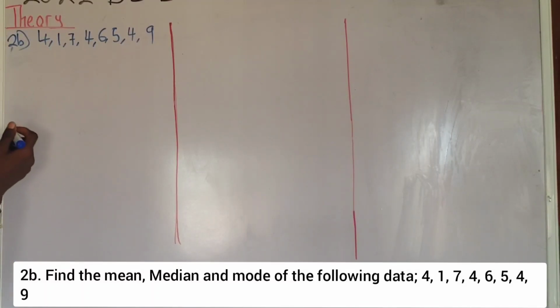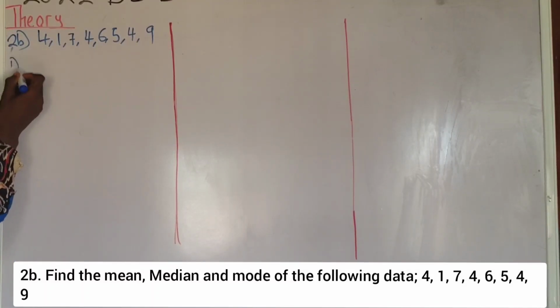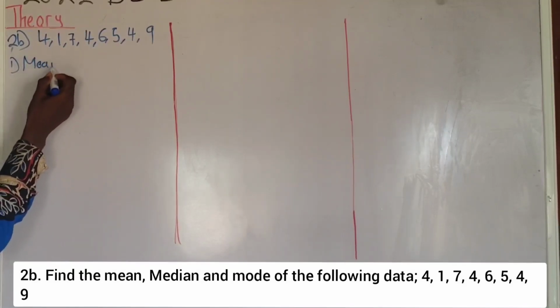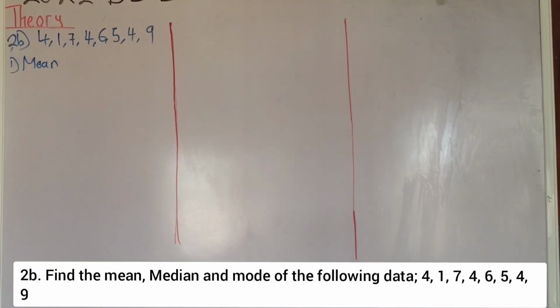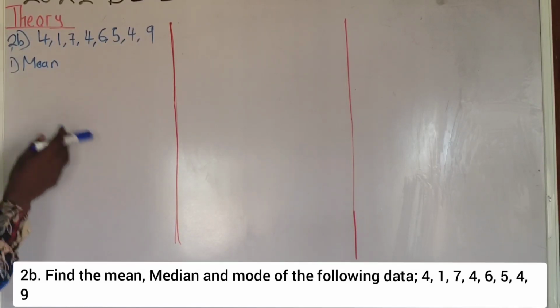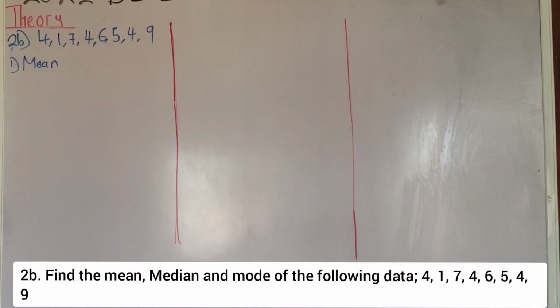Now let's start with the mean. How do we calculate the mean of this data? Don't forget that mean simply means average. To get the mean of this data, all you have to do is sum all the data together and divide it by the count of all.